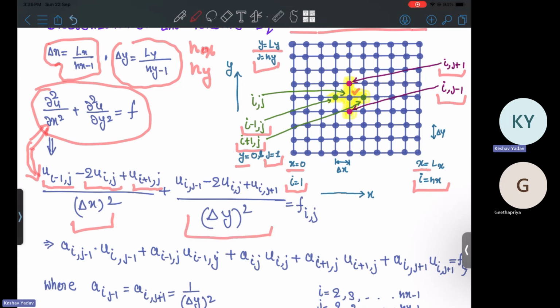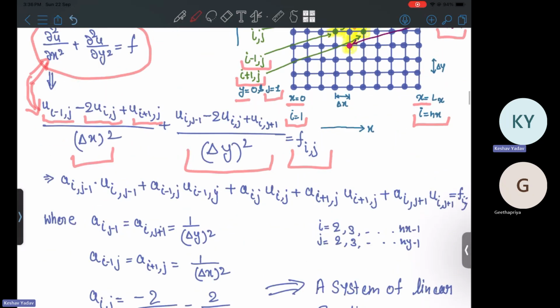Similarly, we can write del 2u upon del y square, and on the right hand side f i comma j. If you see here, there is one term of u i minus 1, one term of j minus 1, one term of i plus 1, and another term of j plus 1. So we have 5 terms.